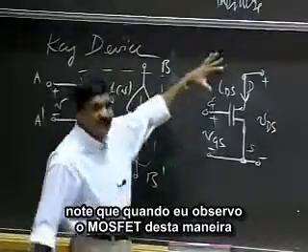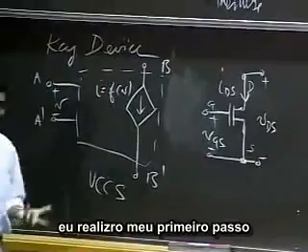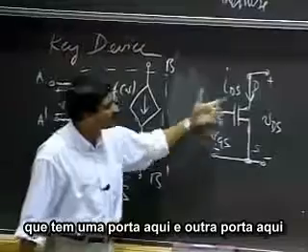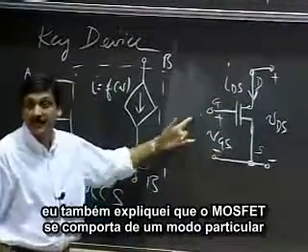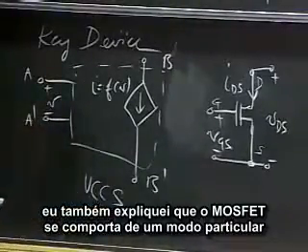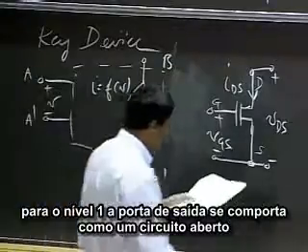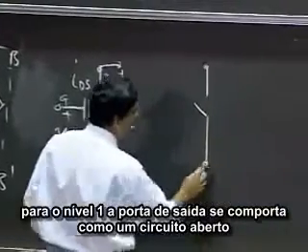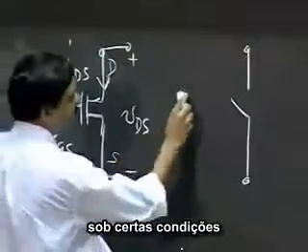Notice that when I view the MOSFET in this manner, I've accomplished my first step: I seem to have a box which has a port here and a port here. I also explained to you that the MOSFET behaves in a particular manner, and the output port behaved as an open circuit under certain conditions.